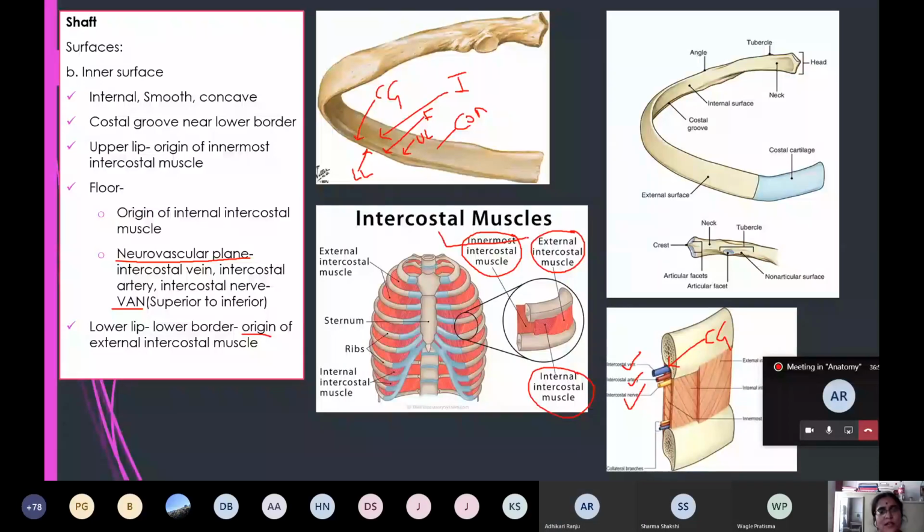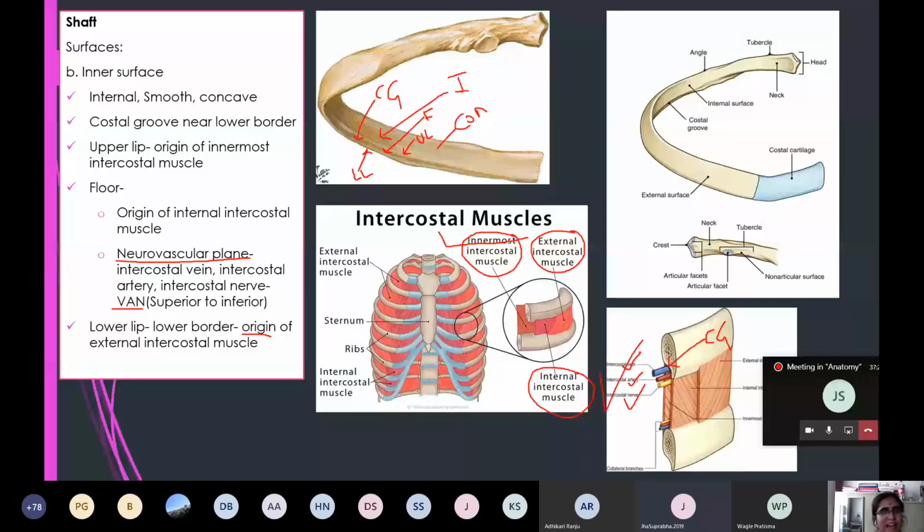What is the orientation of the neurovascular bundle in the costal groove? Intercostal vein, intercostal artery, and intercostal nerve from superior to inferior.